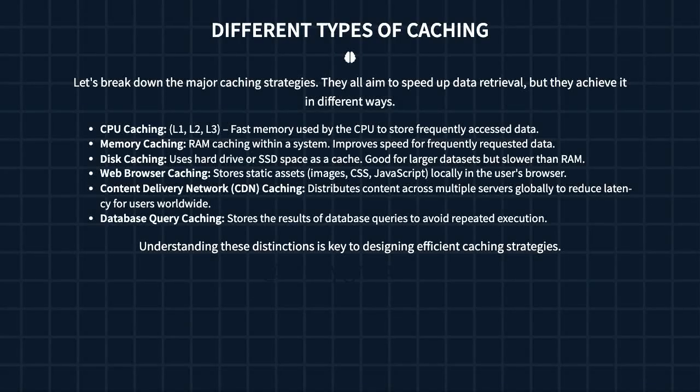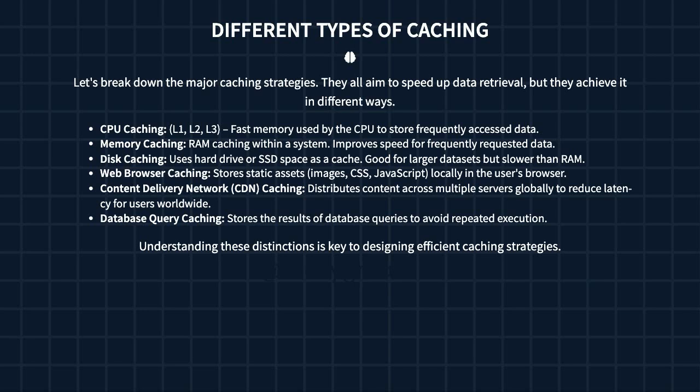Okay, so when we talk about caching, it's not just one thing, there are several layers. We've got CPU caches right inside your computer's processor, which are super fast for accessing frequently used data. Then you have memory caching, like the RAM in your system, to speed things up even further. Disk caching uses your hard drive or SSD as a temporary storage spot.